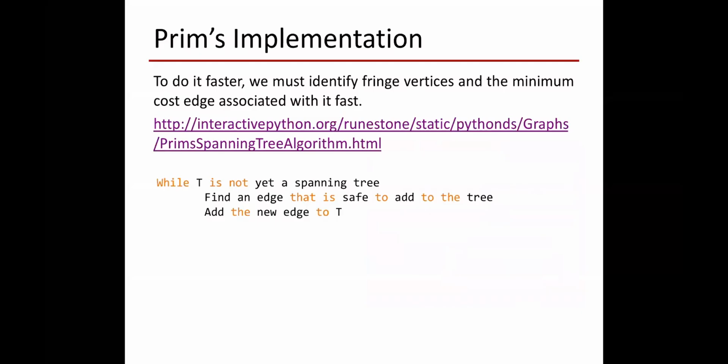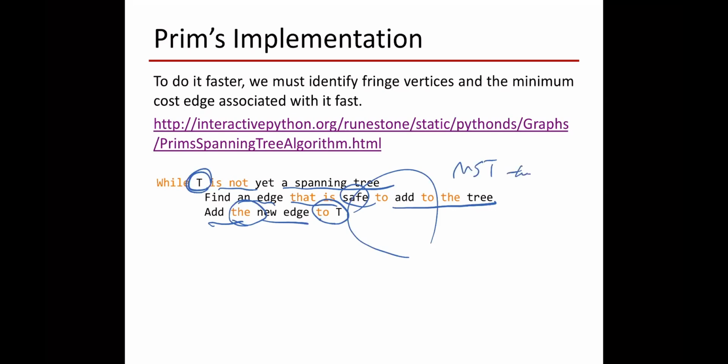It's basically: while the tree we are building is not yet a spanning tree, meaning while I'm discovering all the edges, find the edge that is safe, safe meaning not creating a cycle, to add to the tree, and add the new edge to the tree. That is the MST for Prim's. So this is Prim's algorithm for MST.